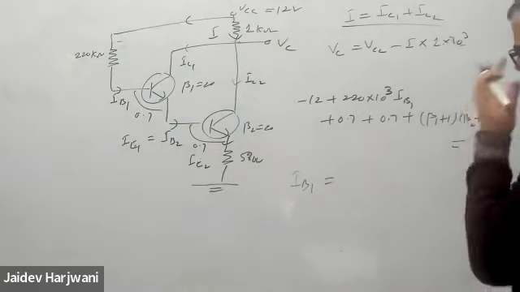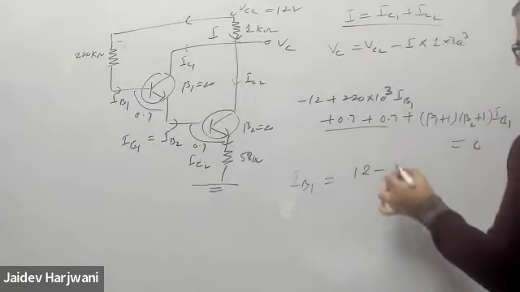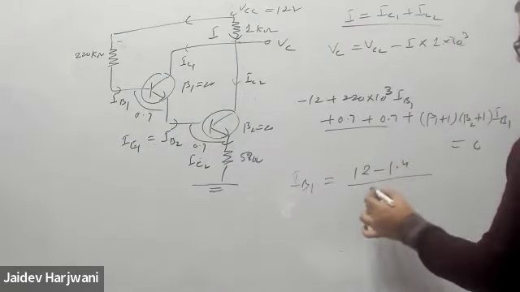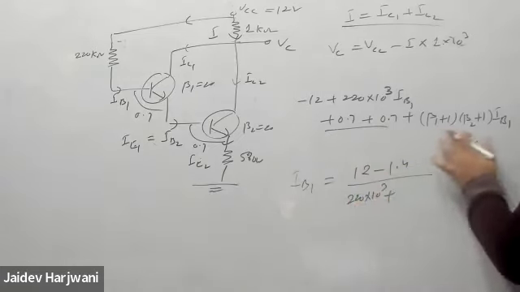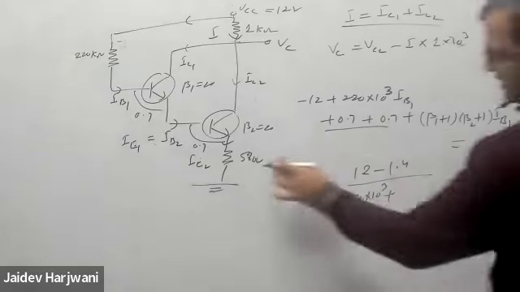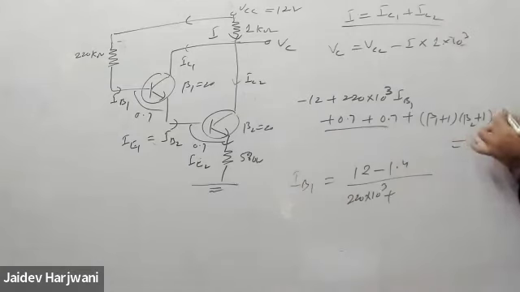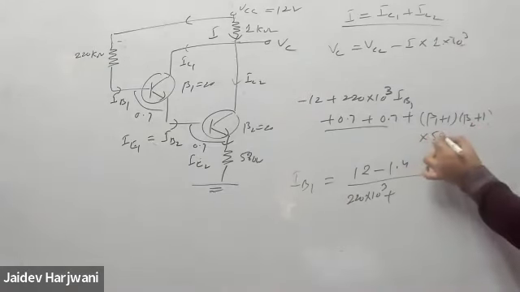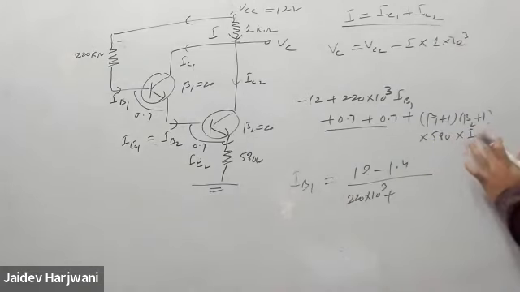So IB1 will be 12 minus this 1.4, over 220 kilo ohm plus beta 1 plus beta 2 plus 1 into 580, the RE, IE2.